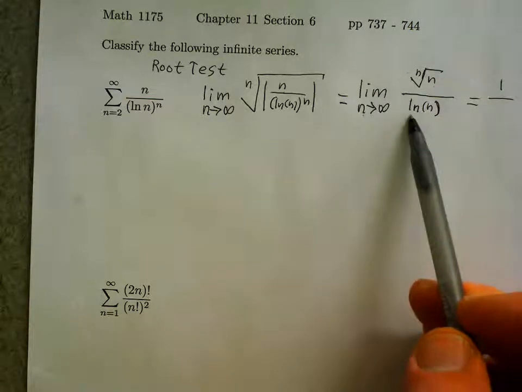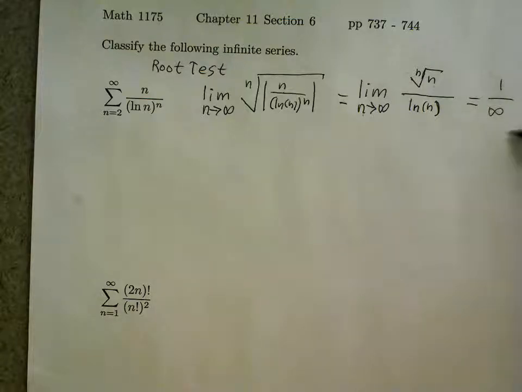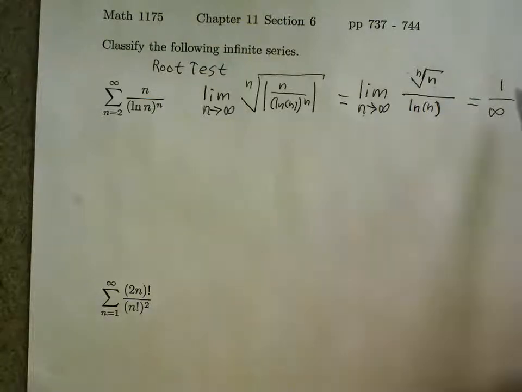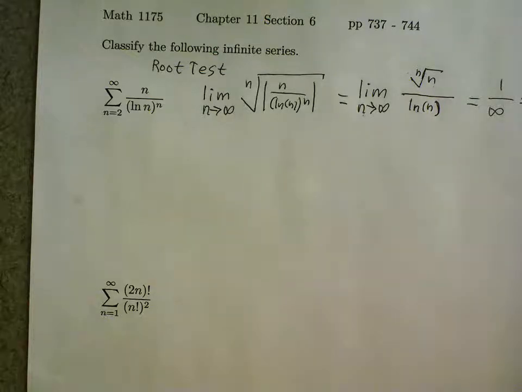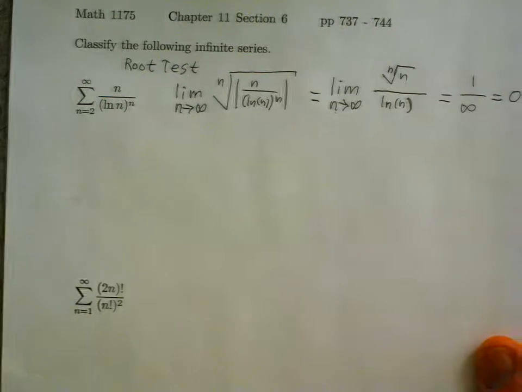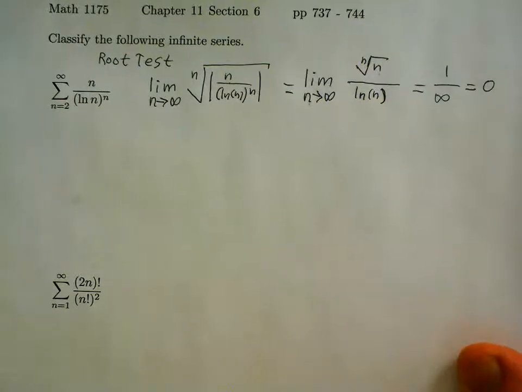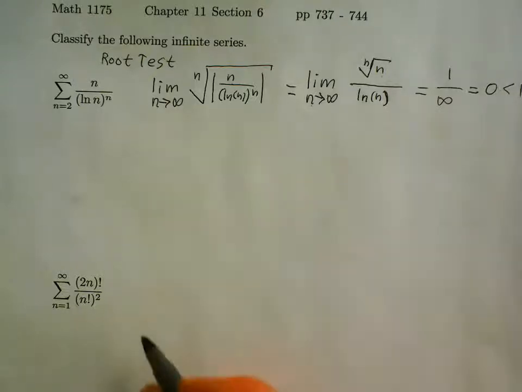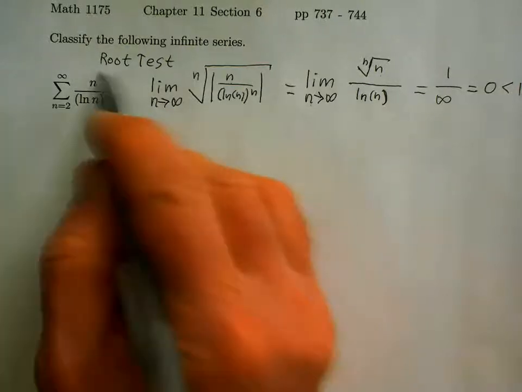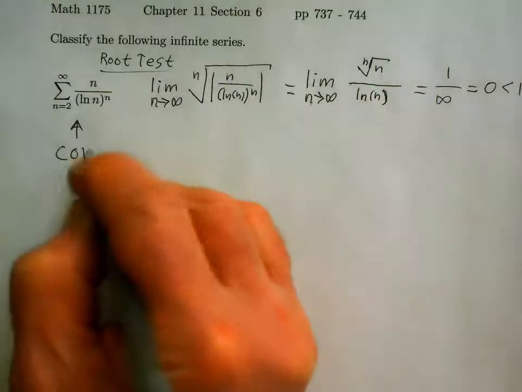And the limit of the natural log of n is infinity. So 1 over infinity is not really a number, but this tells us that the limit is 0. Okay, so since 0 is less than 1, the root test says that this series is convergent.